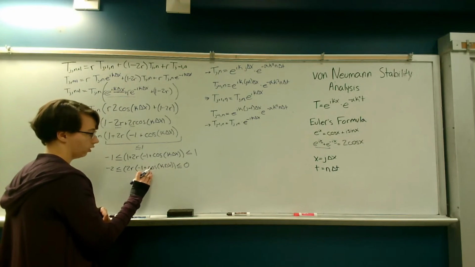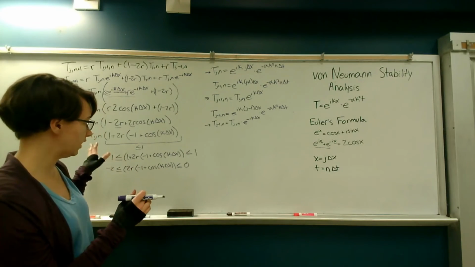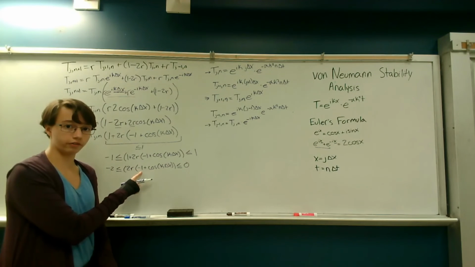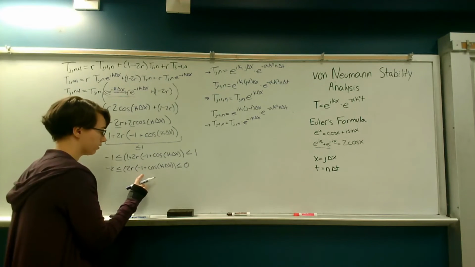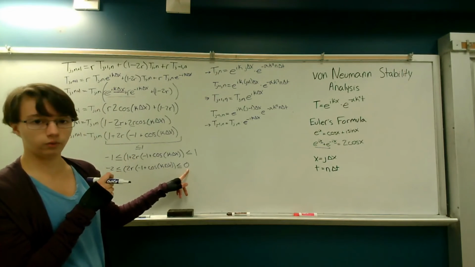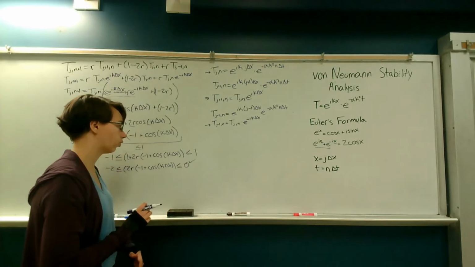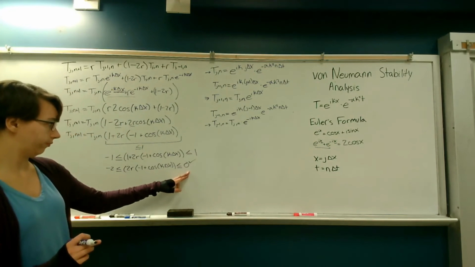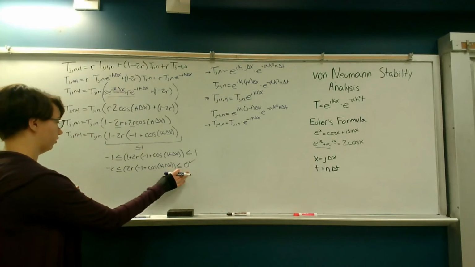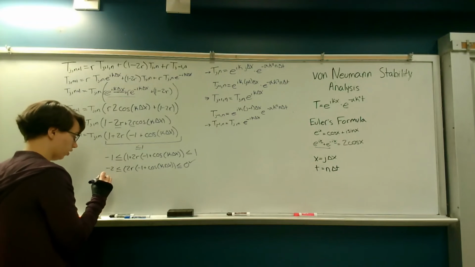So since cosine is always going to be between negative 1 and 1, and then we subtract 1 from that value, this term here is always going to be less than or equal to 0. So this side of this inequality is always true no matter what, so we don't really have to worry about it, and we can just focus on this negative 2 side.